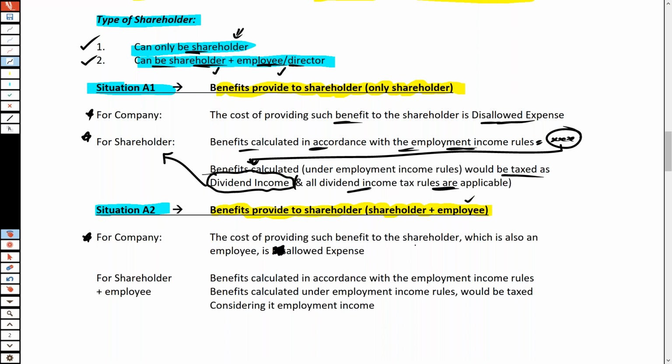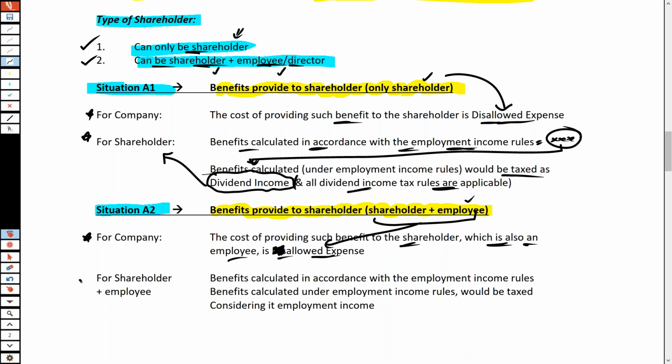So the cost of providing such a benefit to a shareholder who is also an employee is an allowed expense. Where the shareholder was only a shareholder, that was disallowed. Where the shareholder is a shareholder and employee as well, that is an allowed expense.